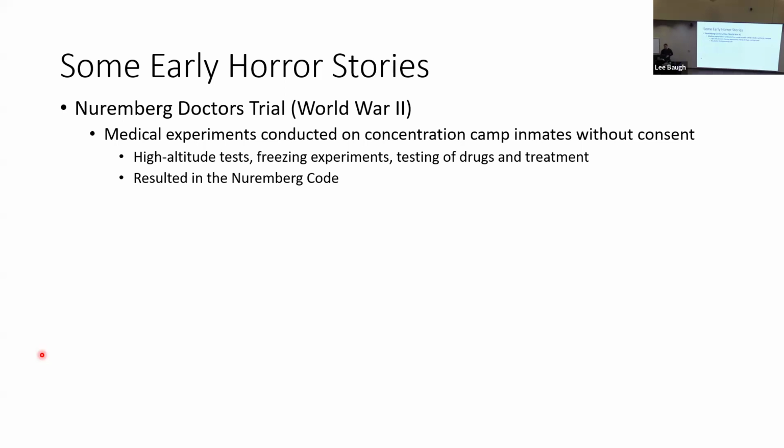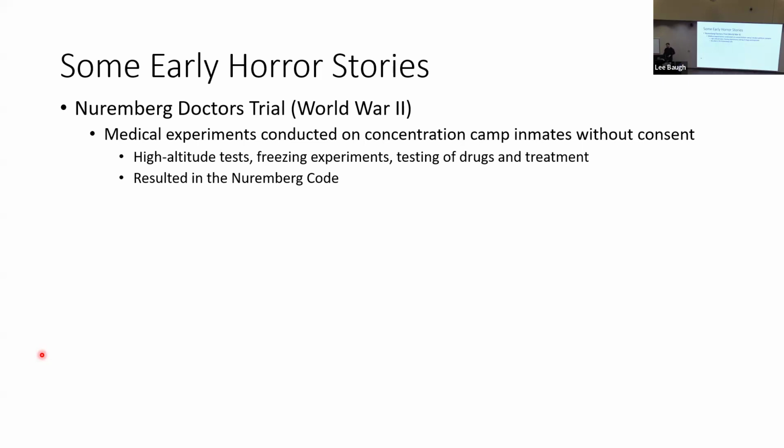They wanted to know how high the human body can survive. So they were doing studies with these completely non-consensual research participants, in quotation marks, to see at what level the body starts to suffer negative consequences from high altitudes. Similar with freezing temperatures. At what point does the human body start to suffer consequences from lower temperatures?